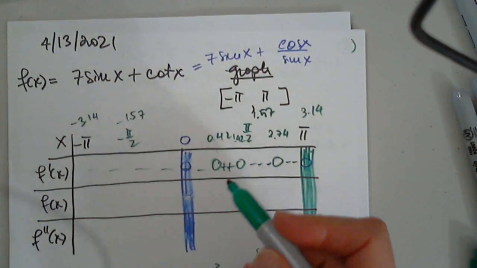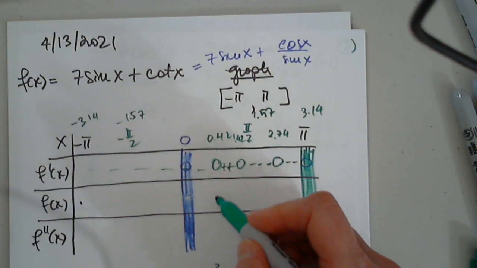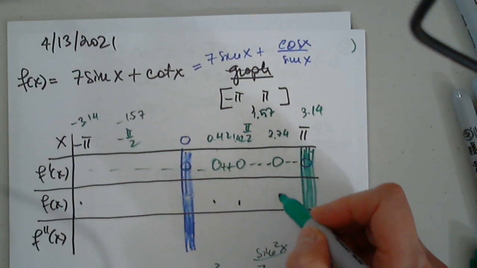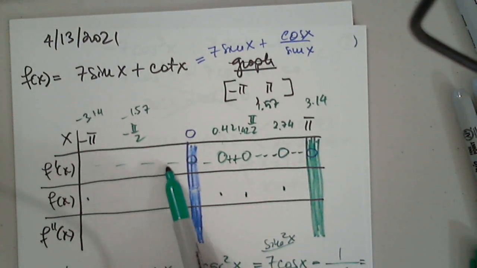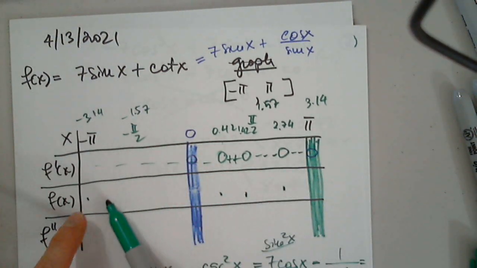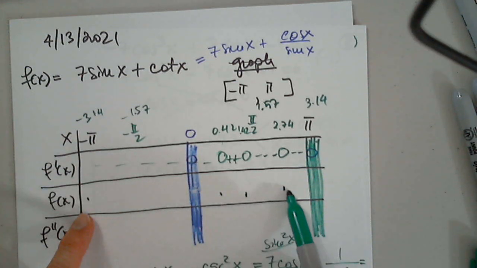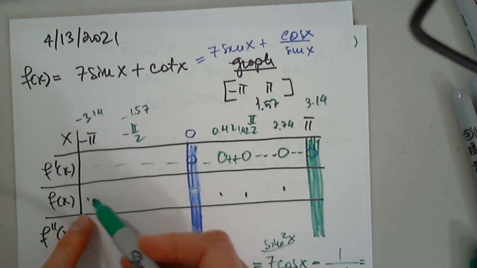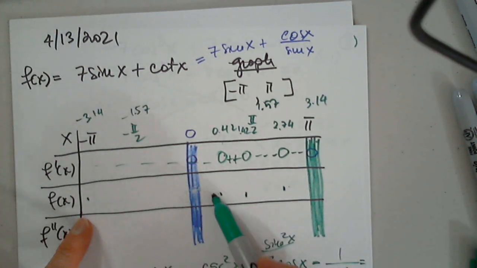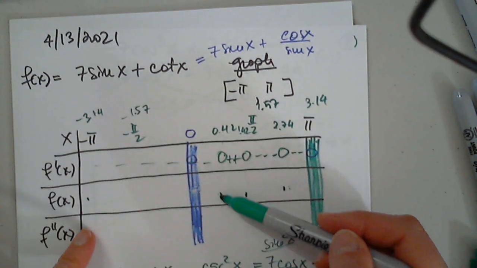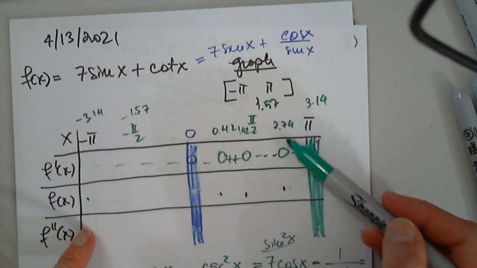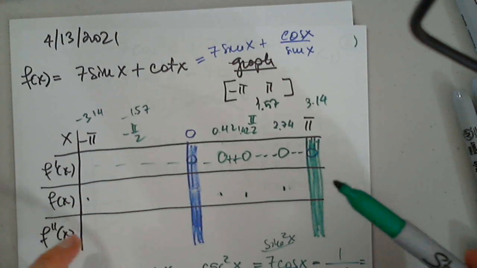Again, I have to find the numbers, right? I have to find this, this, this, and this. But they're not really asking anything else but the increasing and decreasing. So I'd find the corresponding y values only if I need to graph. I don't have to waste my time to determine these and plug them in the function. For negative pi over 2, 0.42, 1.42, 2.74.